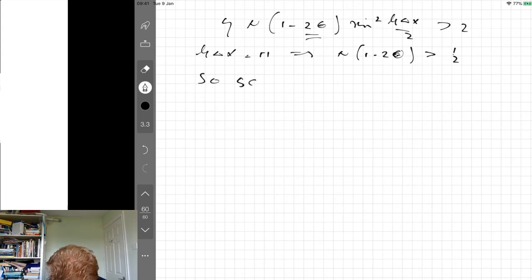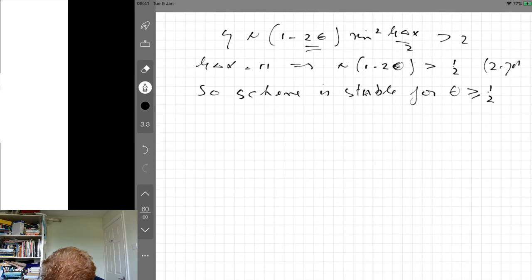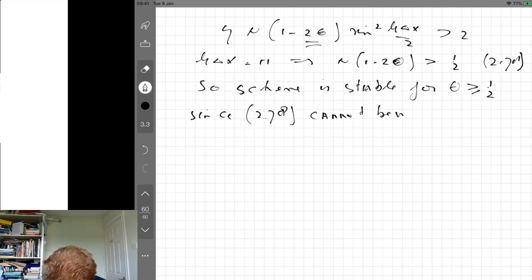So the scheme is stable for theta bigger or equal than half, and this is 2.78 in Morton and Mayers. Since then 2.78 cannot be met.